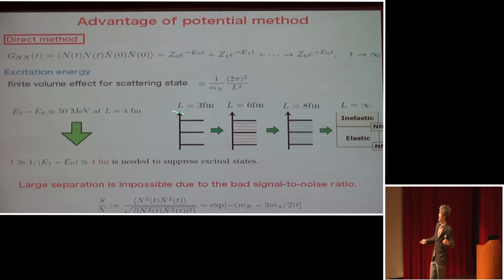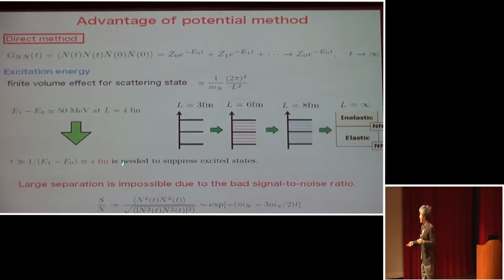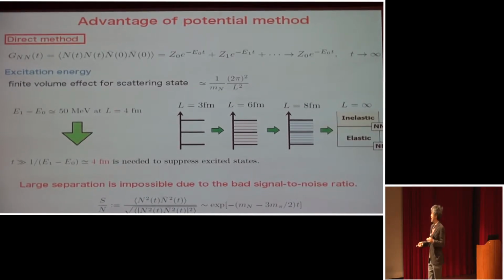If you increase the volume, this splitting becomes smaller and smaller, and goes to 0 in the infinite volume. Suppose we use 4 fm; in this case, T must be much larger than the inverse of this energy splitting, which is necessary to suppress higher excited state contamination.